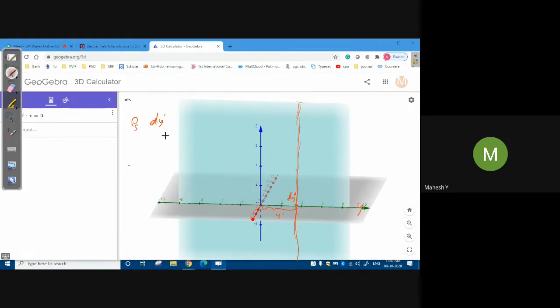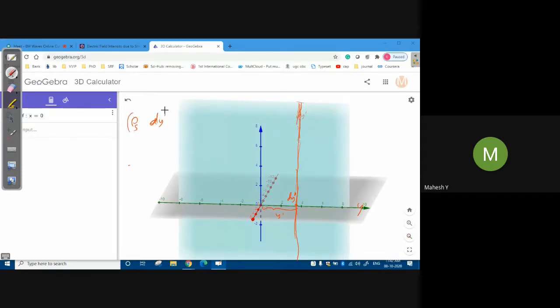So what will be the line charge density? Can anybody tell me? See, this line has a width dy prime and surface density rho s.